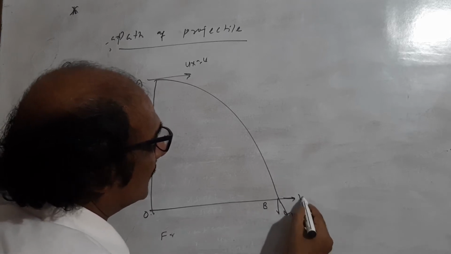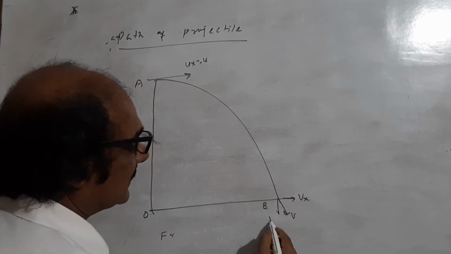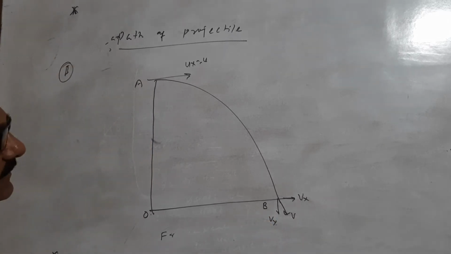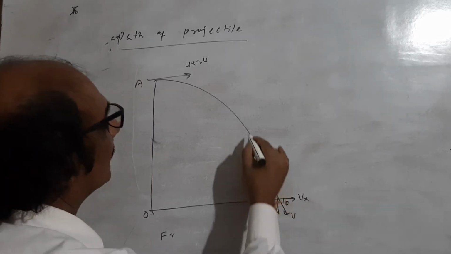This is the final velocity along the x-axis, and the final velocity along the y-axis. Now this one is the angle theta.